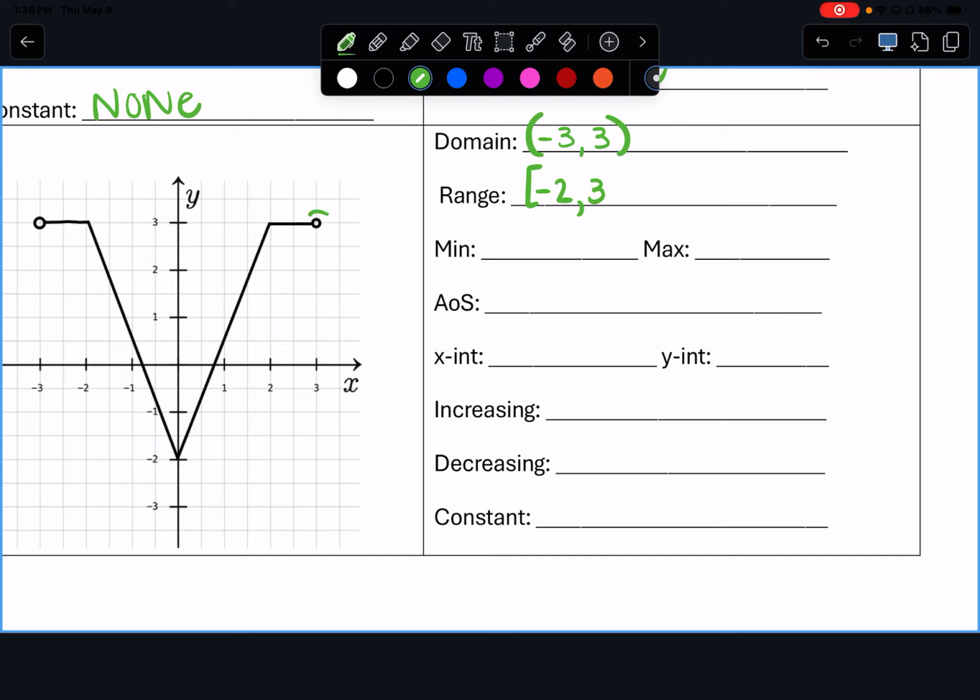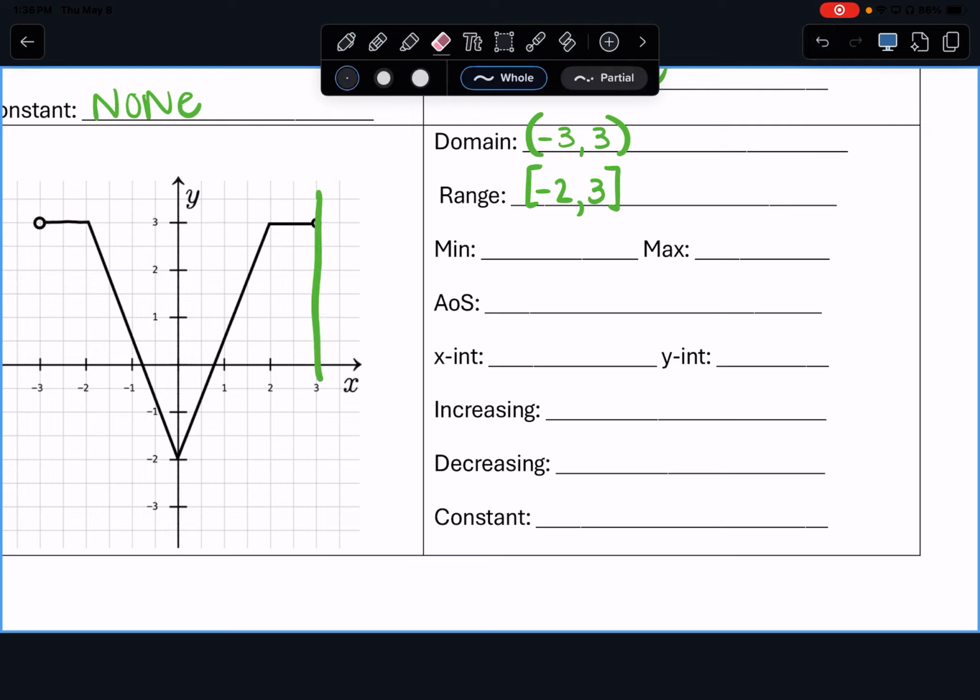Up here at 3, we have these points that are open, but next to them we have closed points. So is there a point that is closed at 3? Yes. So that means it also gets a bracket. The difference is because it's going up. There's multiple points at 3 up. But on the x-axis, there's only one point at both of those places.